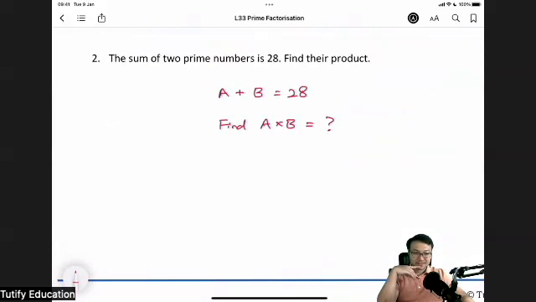Talia, that was fast. Talia found two possible answers. Maximus got it as well.